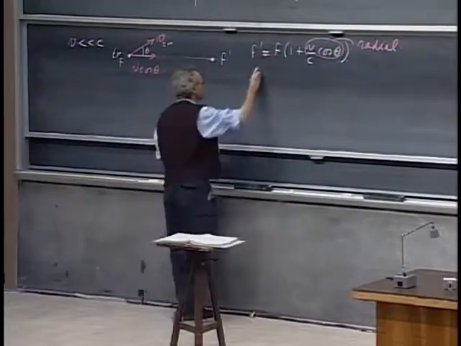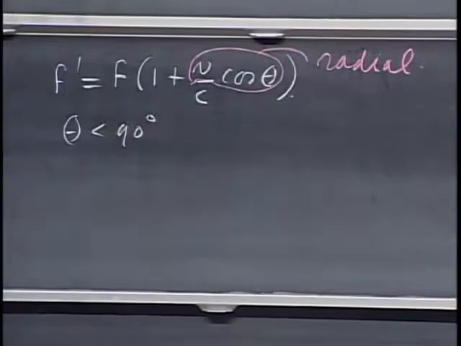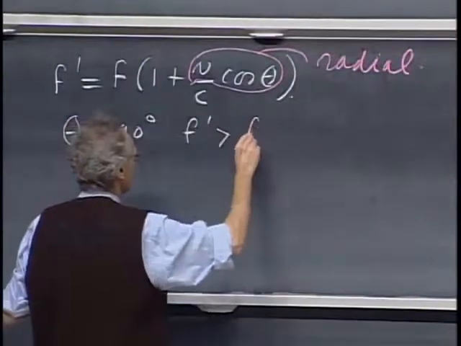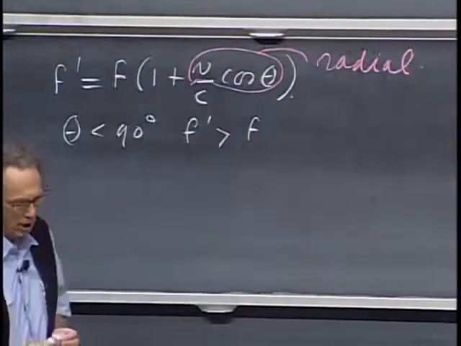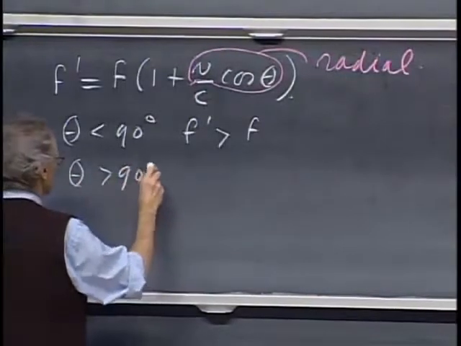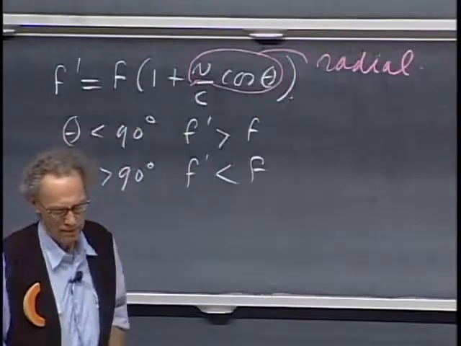If theta is smaller than 90 degrees, then it's coming towards you, and f prime is larger than f. If theta is larger than 90 degrees, it's going away from you, and f prime is smaller than f.